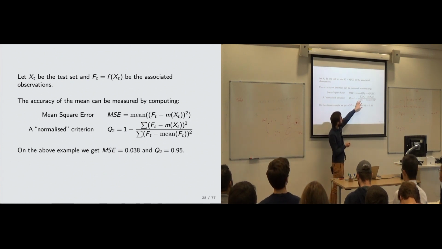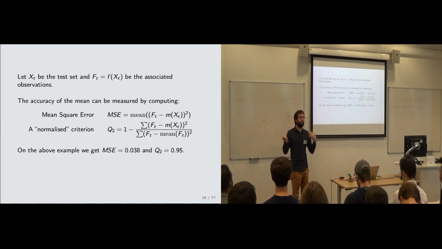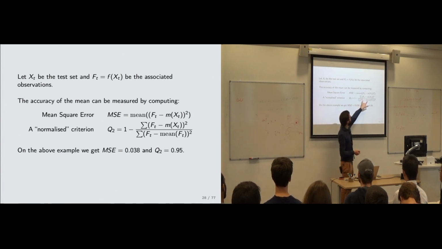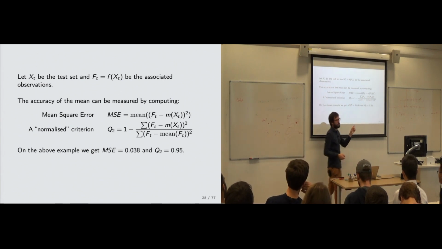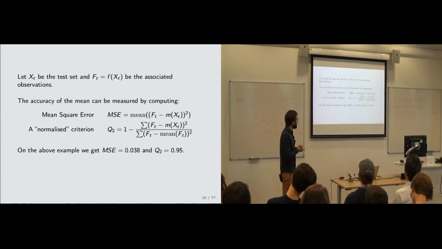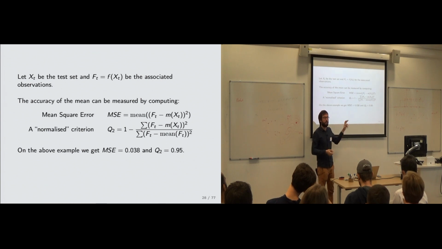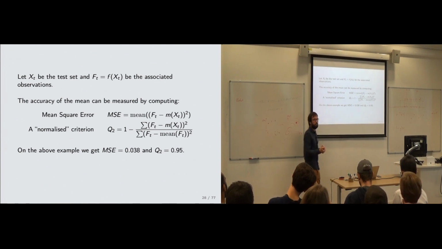This is more or less the same criterion, but normalized so that we have something typically between 0 and 1. When this is 1, the error is very small, so the model is very good, right? This is a bit nicer to interpret because it has been normalized by the variance in your data set, so it can be seen as the percentage of variance explained by your model.